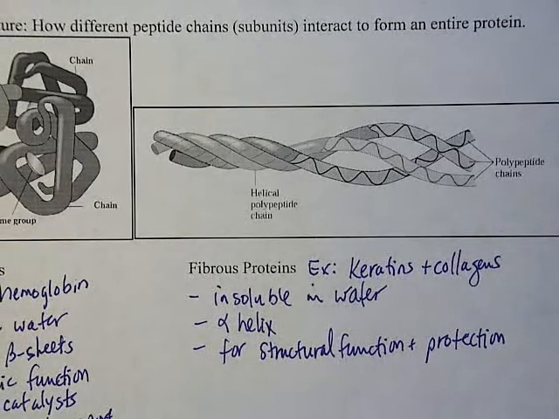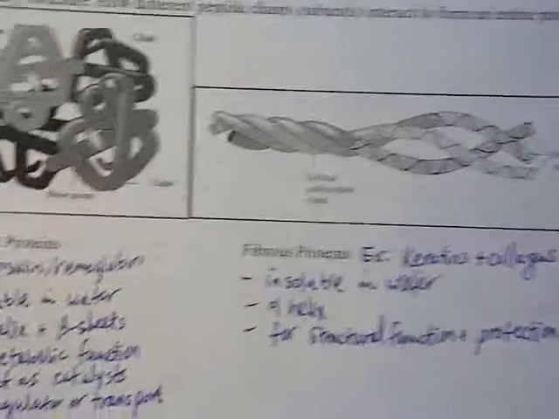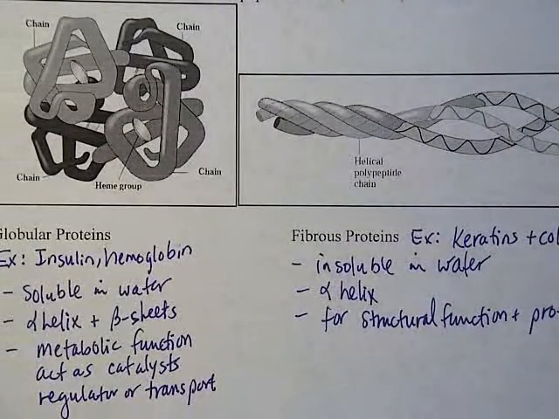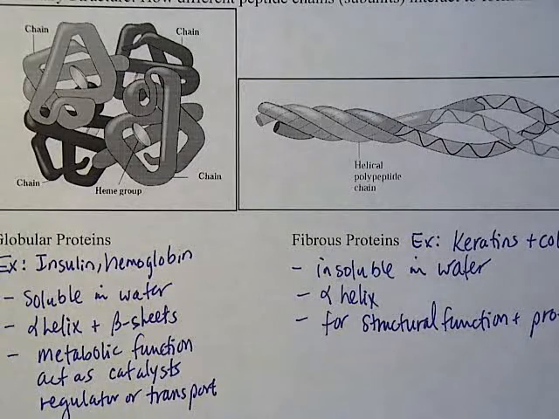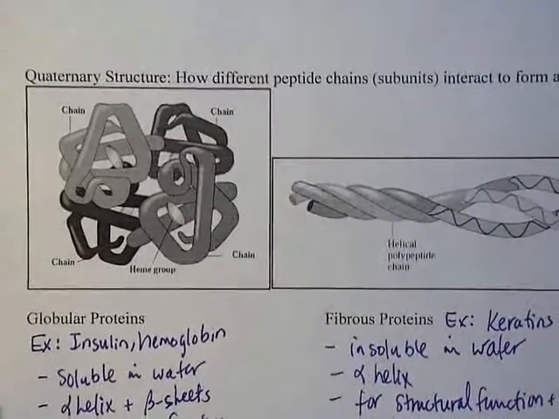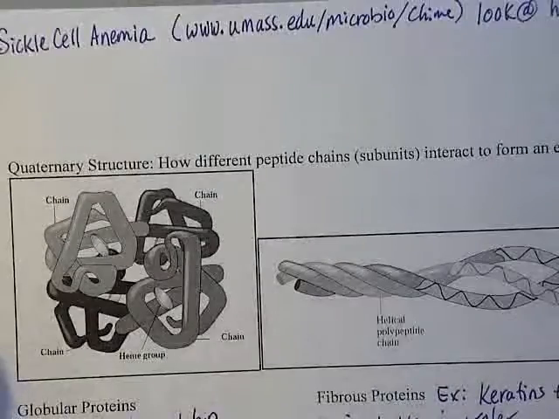All right, so that sort of concludes the 4 different levels of proteins. What I want to do is briefly digress a little bit and talk about sickle cell anemia.